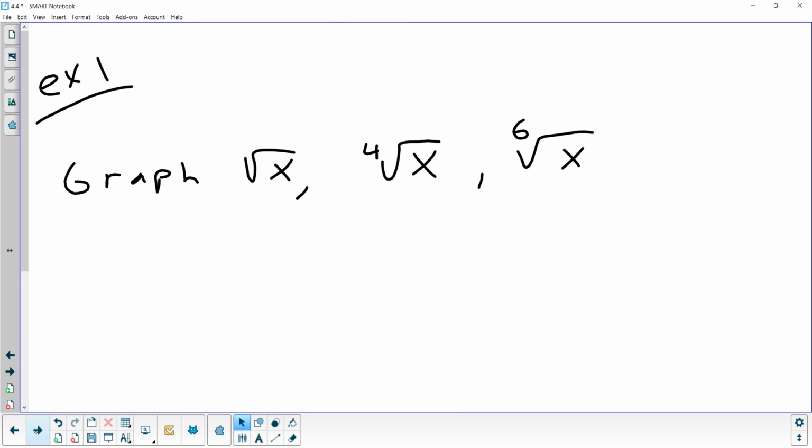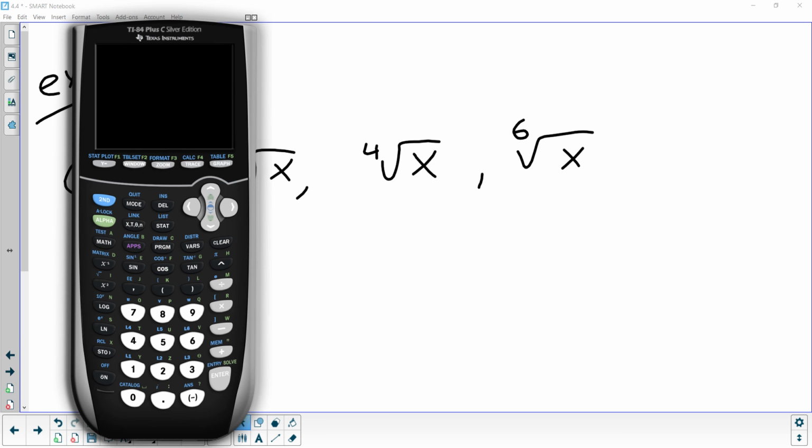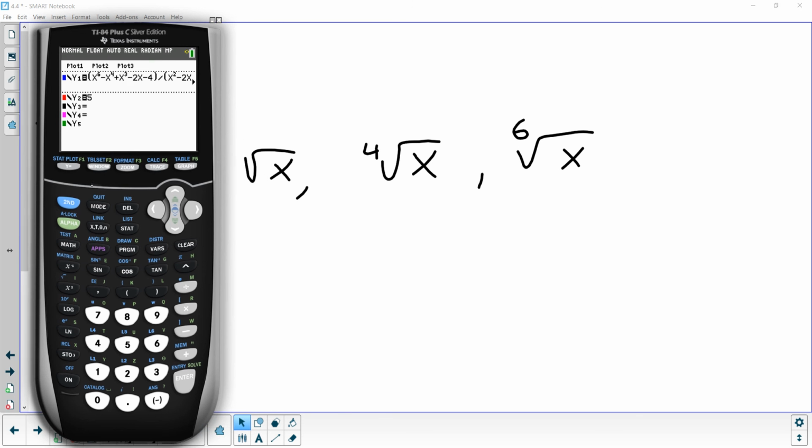So let's graph a few of these and see what happens. We're going to compare a square root to a 4th root to a 6th root, and see what they look like. Okay, I'll do zoom 6.